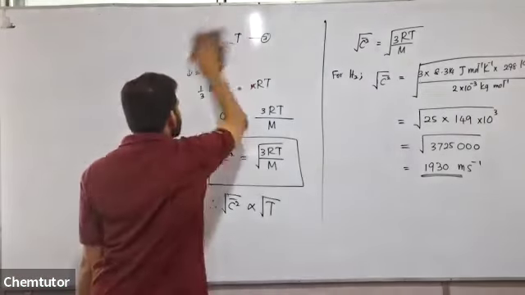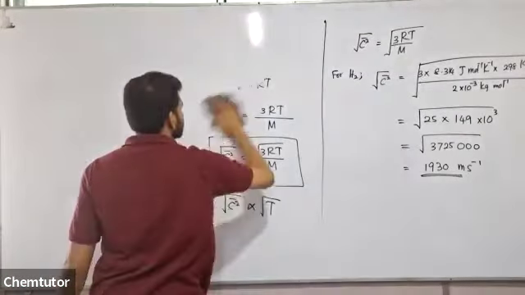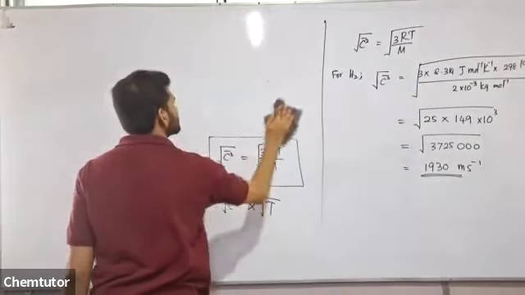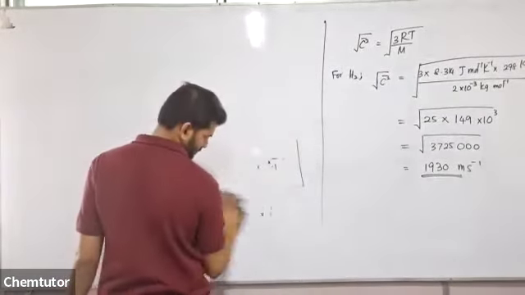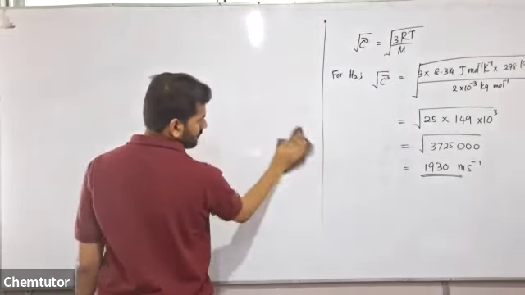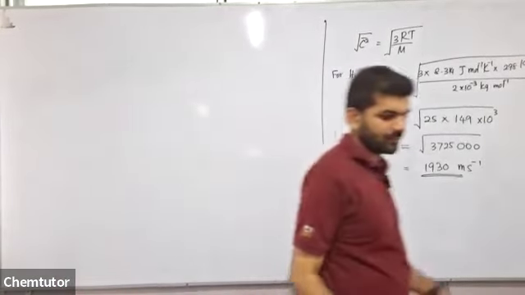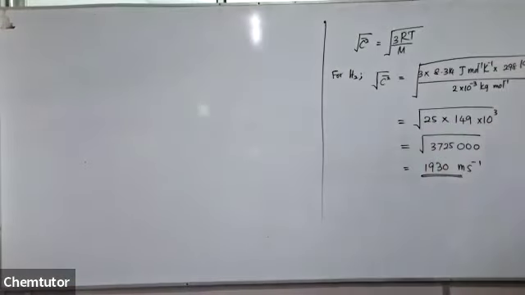Calculate the root mean square speed for nitrogen gas at 25 degrees Celsius.